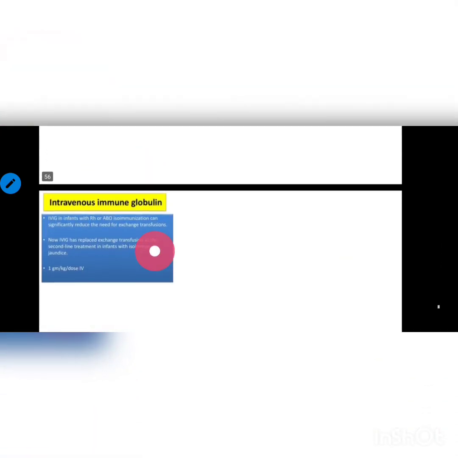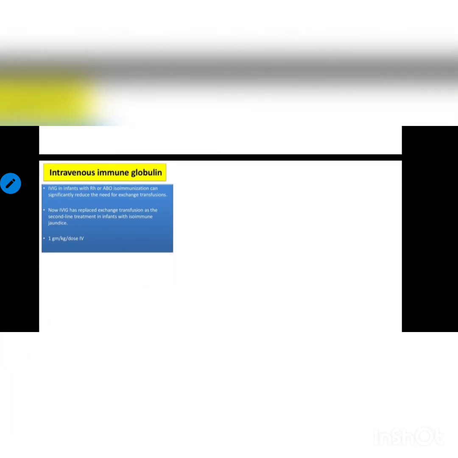So the side effects of phototherapy: increased insensible water loss, loose stools, skin rash, bronze baby syndrome, hypothermia, and it may result in hypocalcemia. Intravenous immunoglobulin (IVIG) in infants with Rh or ABO isoimmunization can significantly reduce the need for exchange transfusions. I just made a mistake: it should be given to the infant rather than the mother.